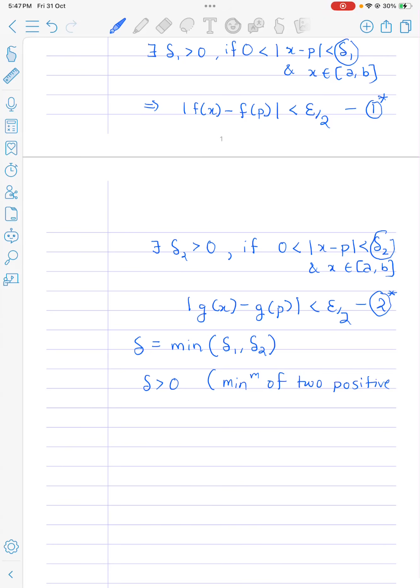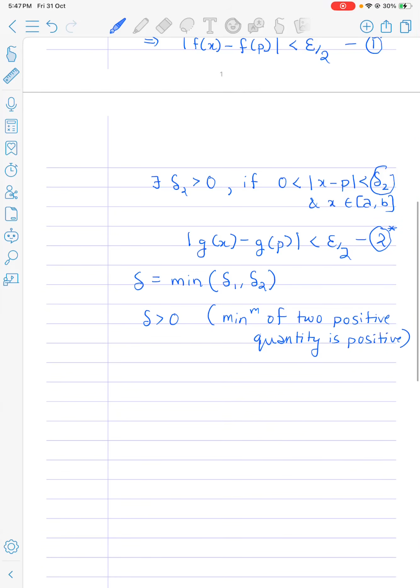Delta 1 and delta 2 are positive, so this one is also positive. That is clear, and it also satisfies this one.